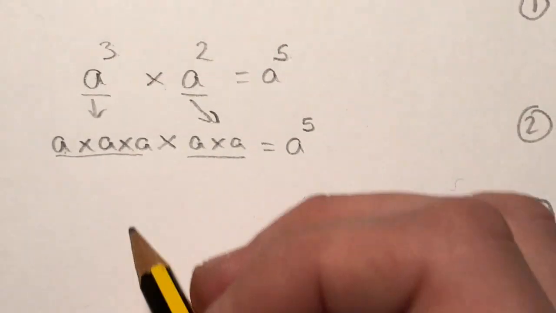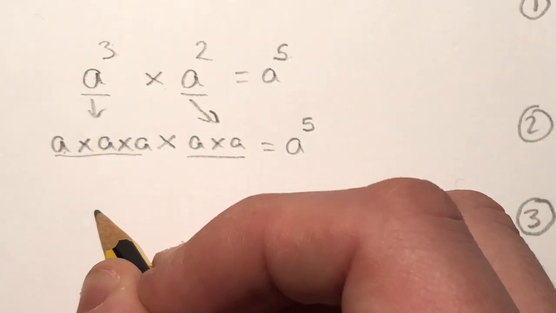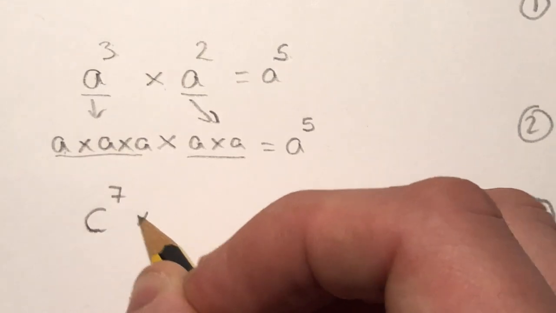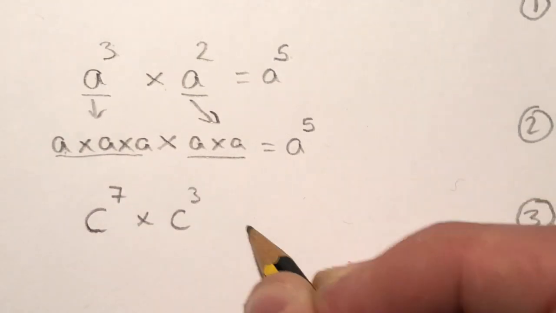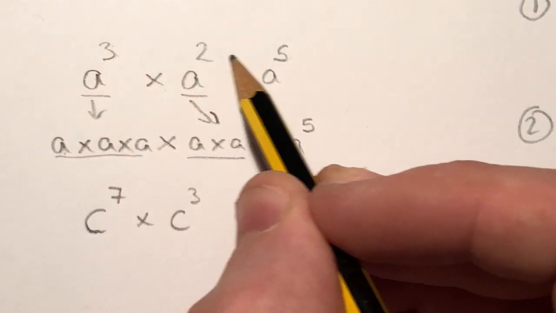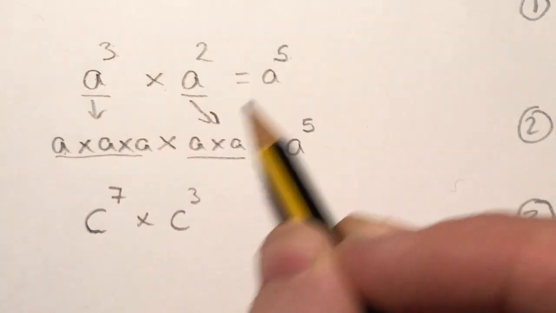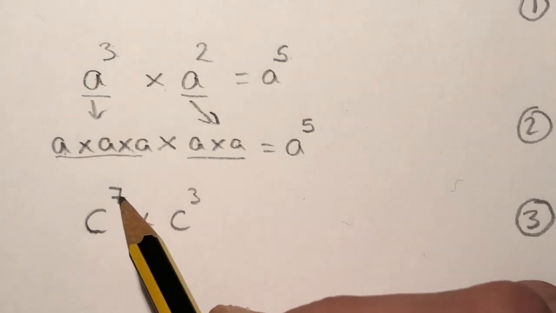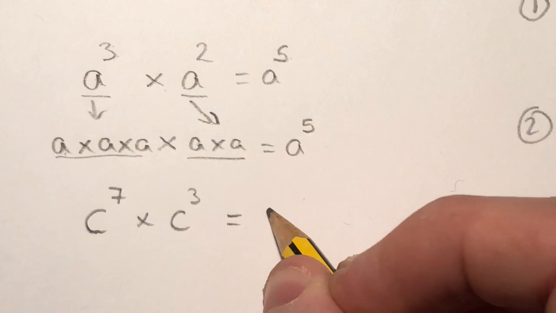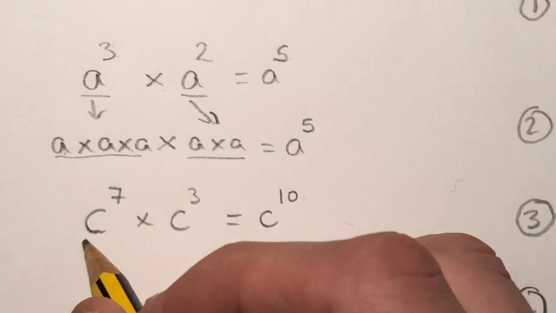A second example, just to be sure that we know what we're doing here, let's see if this works if we have c to the power of 7 times c to the power of 3. Now, if it follows the same rule, then 3 plus 2 is 5, so hopefully 7 plus 3 gives us 10. We are hoping for c to the power of 10. Let's just see if that works then.